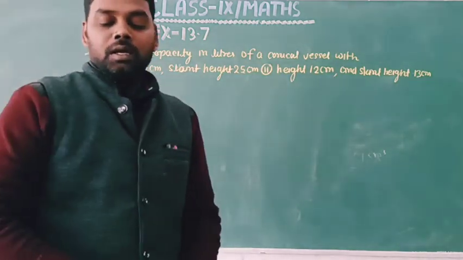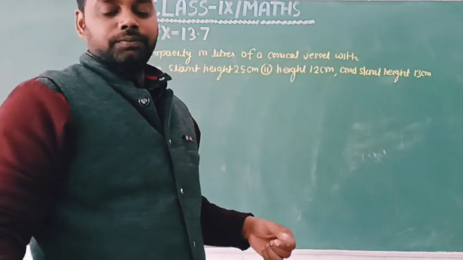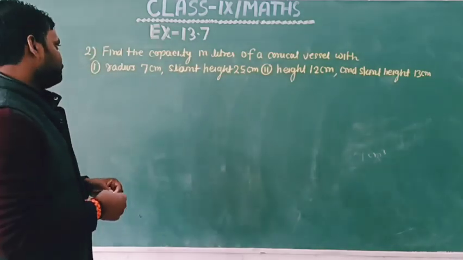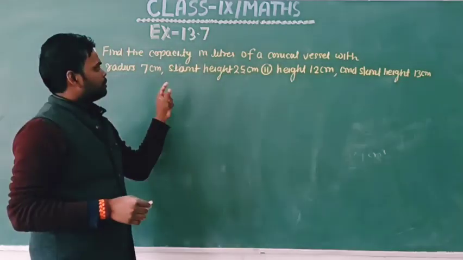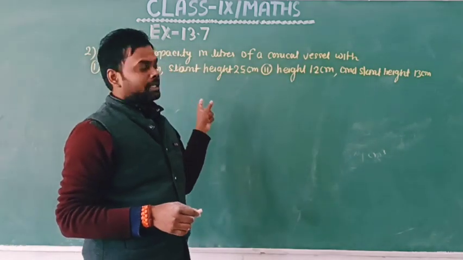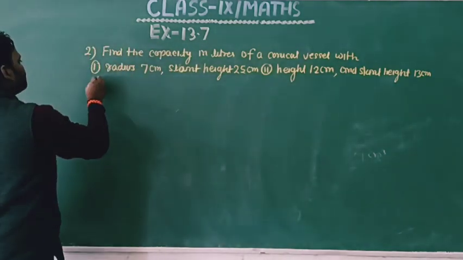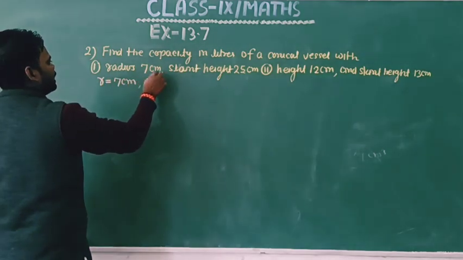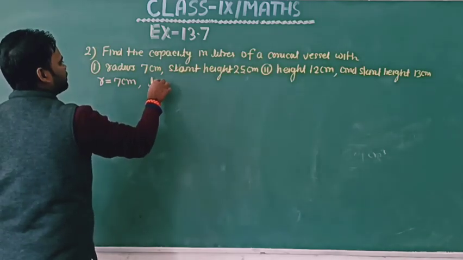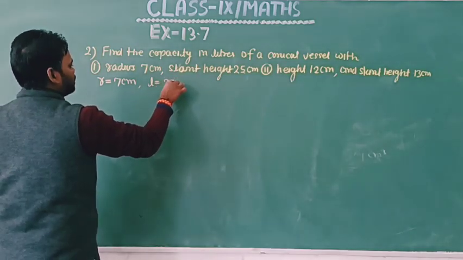Let us see how to find the capacity in liters of a conical vessel. First, radius r is given, which is 7 centimeter, and slant height l is 25 centimeter.